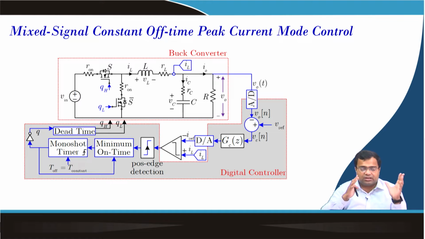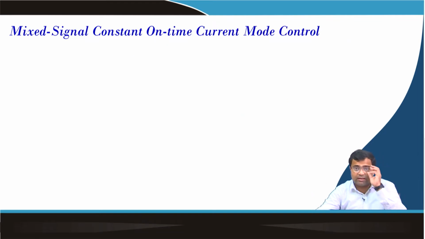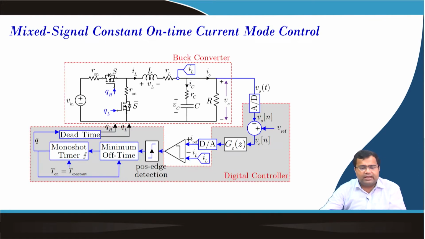The only difference between the fixed frequency peak current mode and constant off time peak current mode is that here the off time is fixed, while in fixed frequency the time period is fixed, but both have a peak current based architecture. In case of constant on time current mode control, it is a valley current mode control, where the on time is fixed. We are not going to show valley current mode fixed frequency control.